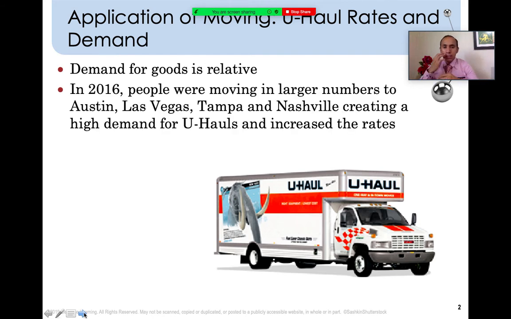In 2016, people were moving to different locations in quite large numbers to, for example, Austin, Texas, Las Vegas, Tampa Bay, Nashville, Tennessee, and other parts of the United States, creating a high demand for U-Haul services. And the increase in demand for the product increased essentially the equilibrium market price to rent the U-Haul services for the relocation from one place to the next.